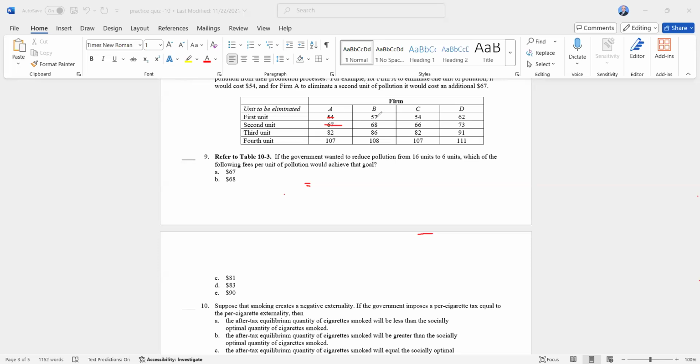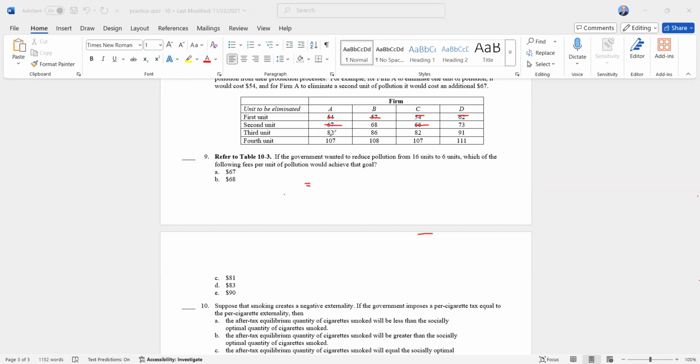I only have 67. I can't get rid of 68. I only have 67. I could get rid of C1 and 2 because they're both under 67. And I could get rid of D1. So 1, 2, 3, 4, 5, 6. I got rid of 6 units.